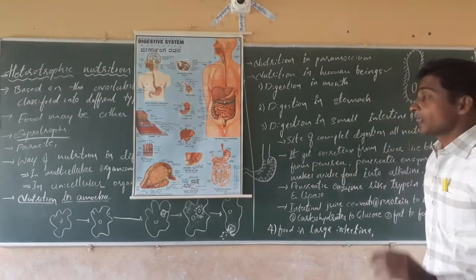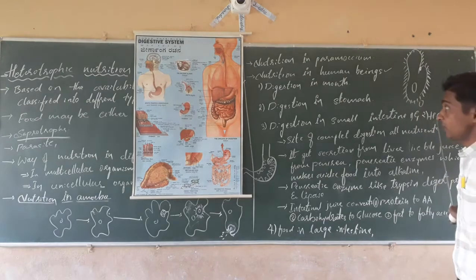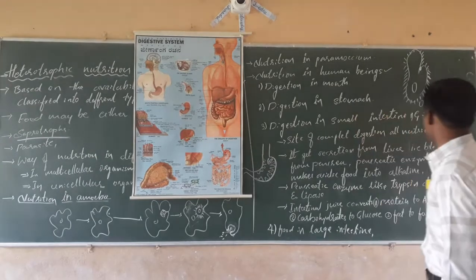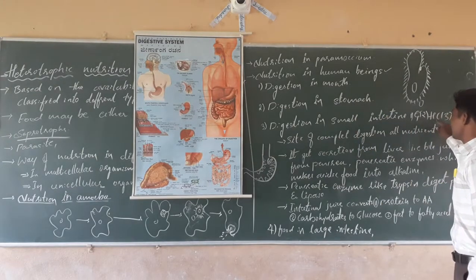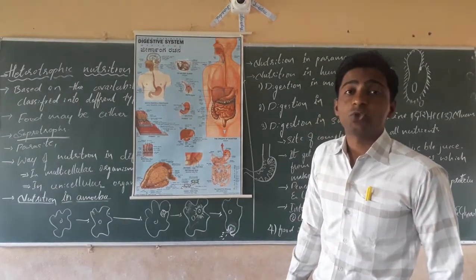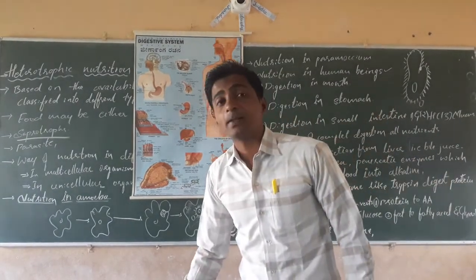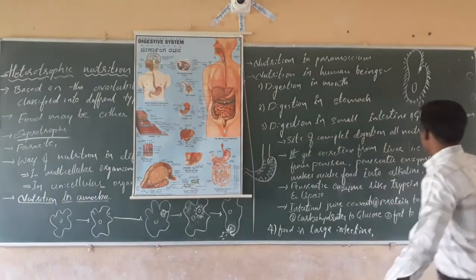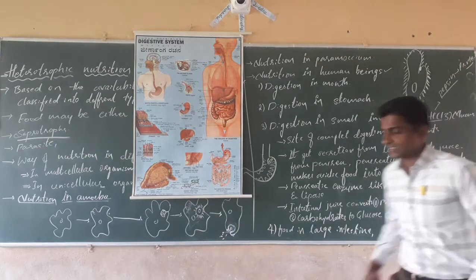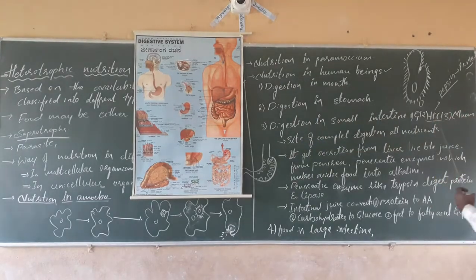Hydrochloric acid facilitates the gastric juice, that is, the pepsin, to digest the protein. To digest the protein, the hydrochloric acid is secreted.